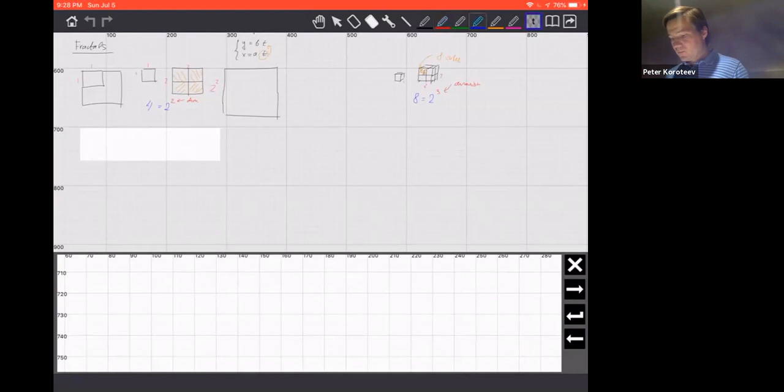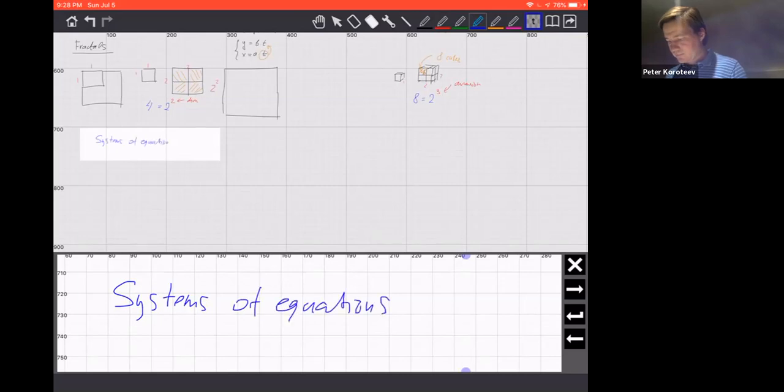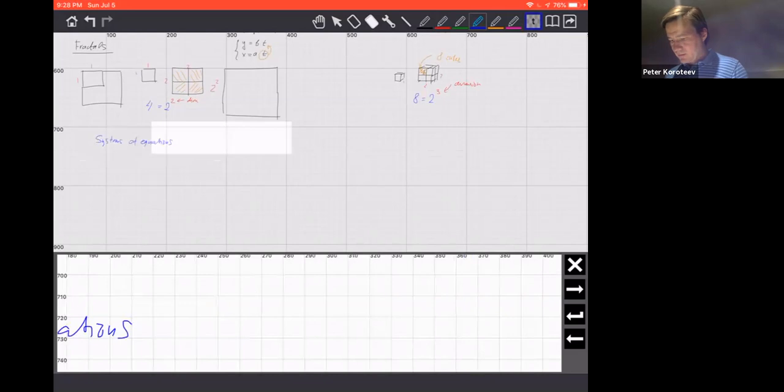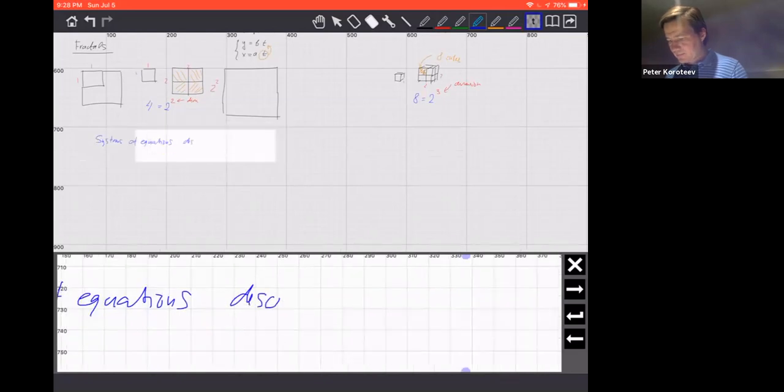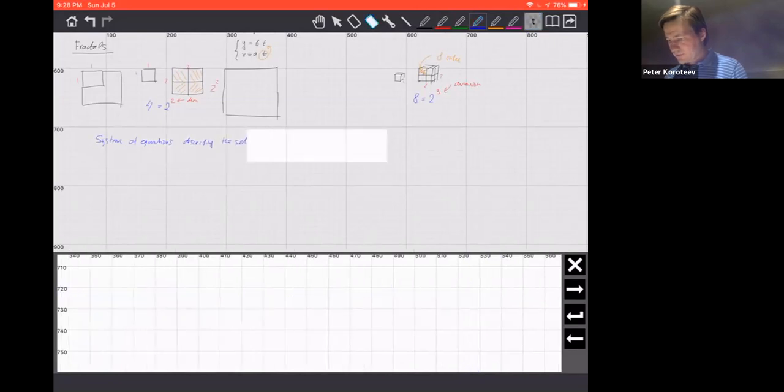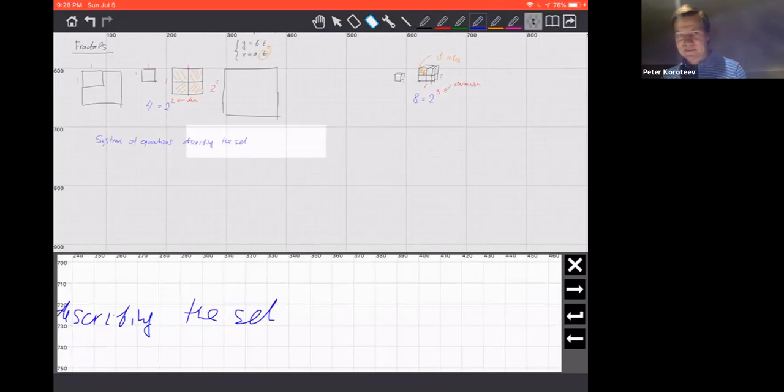So what we're going to do, well, today and tomorrow, we'll look at systems of equations describing various sets of points.